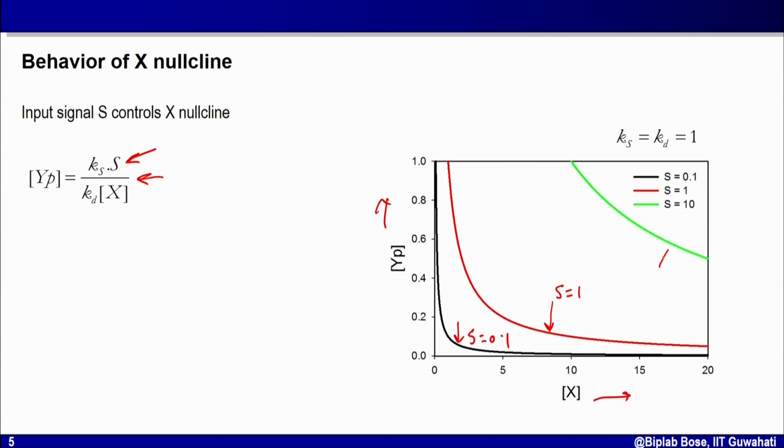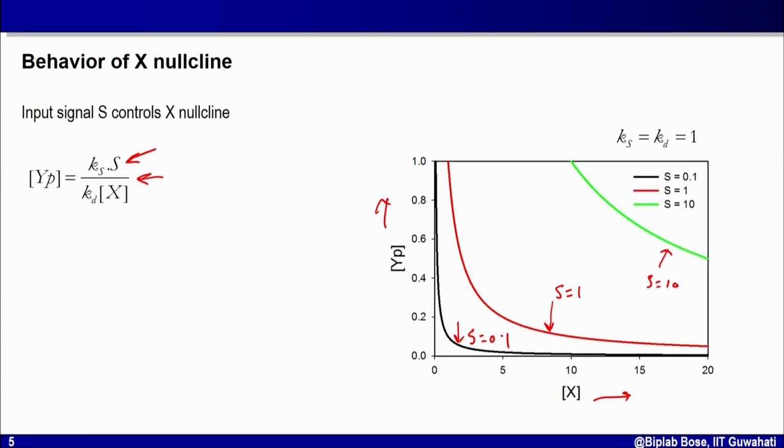And when I increase S further 10 times to S equal to 10, I see it moving further to the right-hand upper corner. So that means the X nullcline is sensitive to S. And remember, the YP nullcline was not sensitive to S, the input signal.